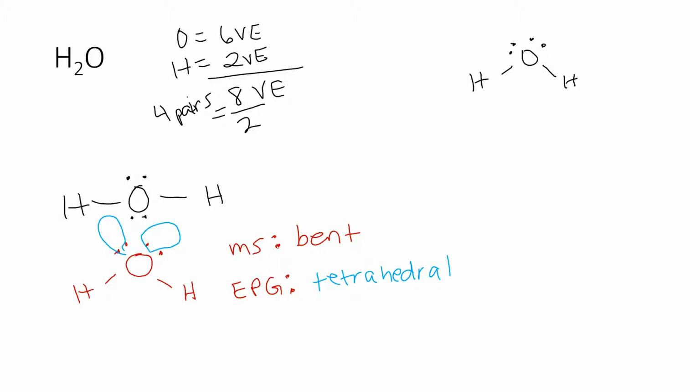Now, the question is, is water polar or nonpolar? The electronegativity difference between the hydrogen and the oxygen is 0.9. So hydrogen is 2.1. I said 0.9, I meant to say 1.4. I'm sorry. And oxygen is 3.5. Math is hard today. So the difference here is going to be 1.4.